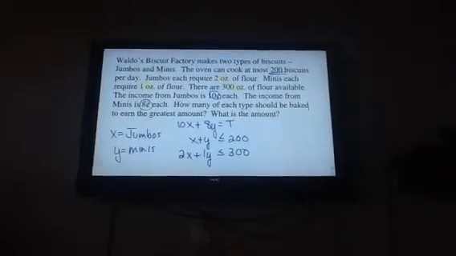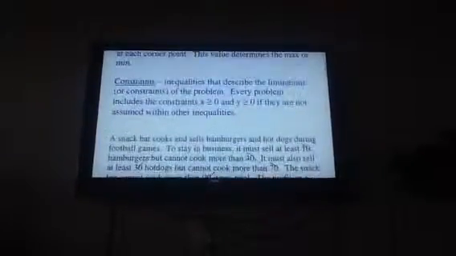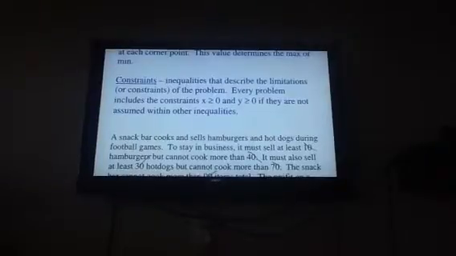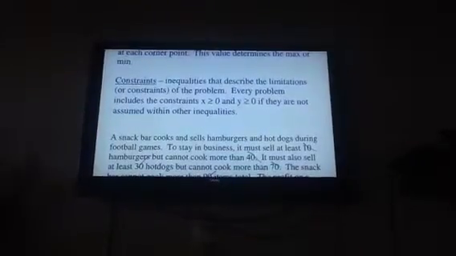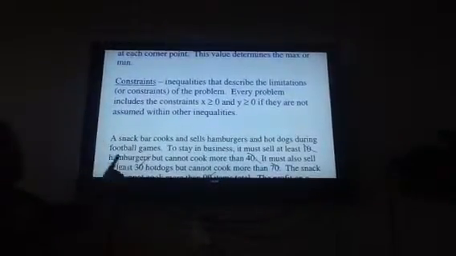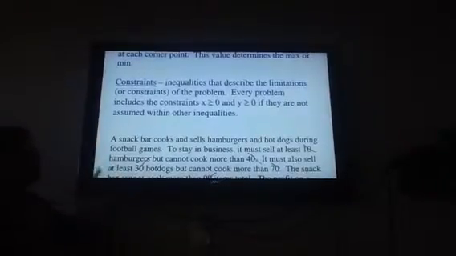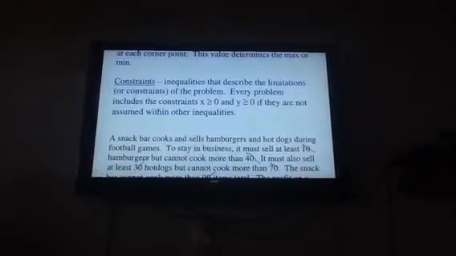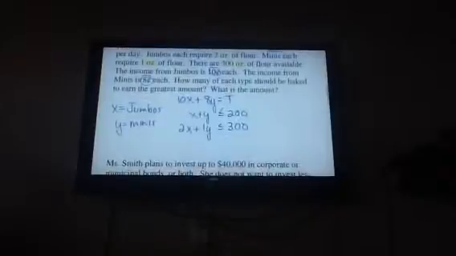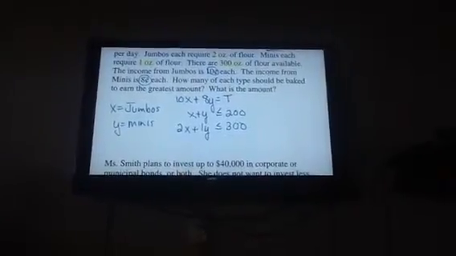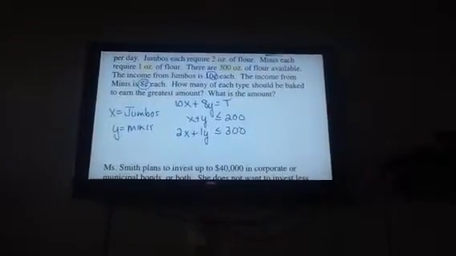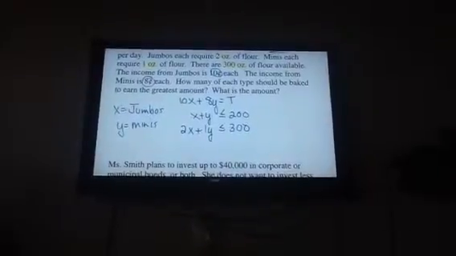But I go back to what I said up here. Every problem includes the constraints. X is greater than or equal to 0, and Y is greater than or equal to 0 if they are not assumed within another one. They're not in this question. It doesn't tell me that X and Y, or X or Y, is greater than or equal to 0.